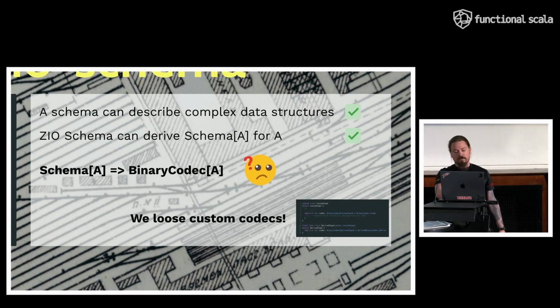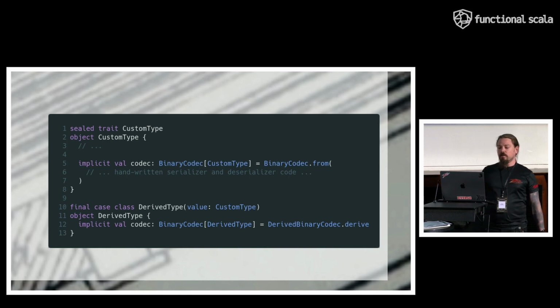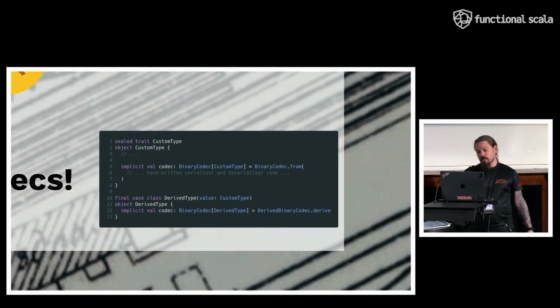Turns out that we cannot do this because we lose support for custom codecs. And the reason is that, if we have a custom type and we have a custom codec, which is not derived, but handwritten with the lower level DSL, and then we are deriving a binary codec for something that is using this type, and it's done based on the schema itself, then we have no way to find that implicit custom type codec, because we don't have enough type information when we only have the schema to do that.